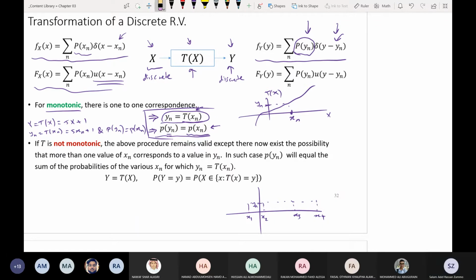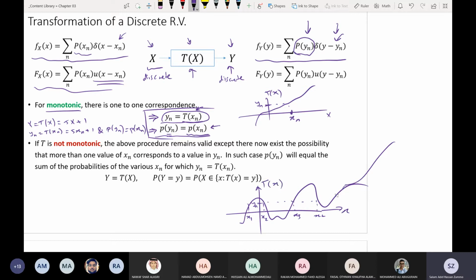Oops. How to remove what I did. Yes. So we assume that it goes up like this. So if this is x here, what we are plotting here is T of x.